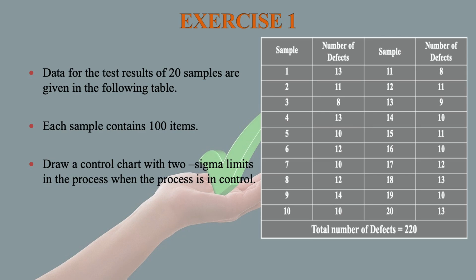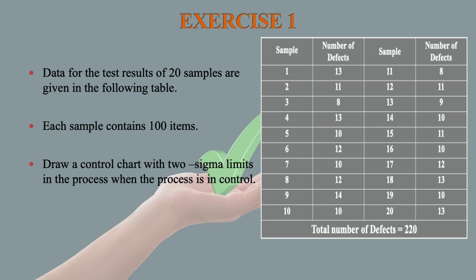Draw a control chart with 2 sigma limits in the process when the process is in control. So here 20 samples are given, and for each sample the number of defects is also mentioned. Say for example, for sample 1 the number of defects is 13, for sample 2 the number of defects is 11, for sample 3 the number of defects is 8.